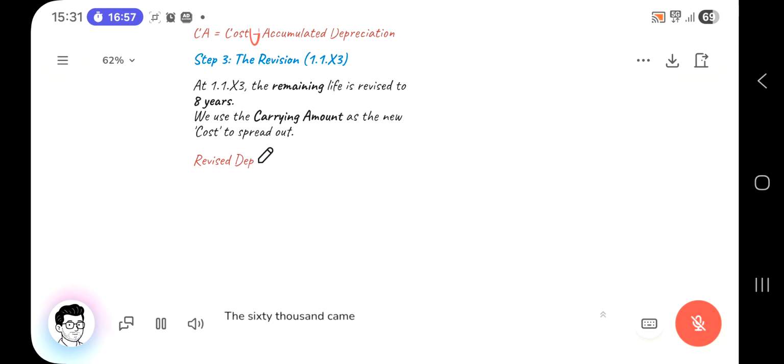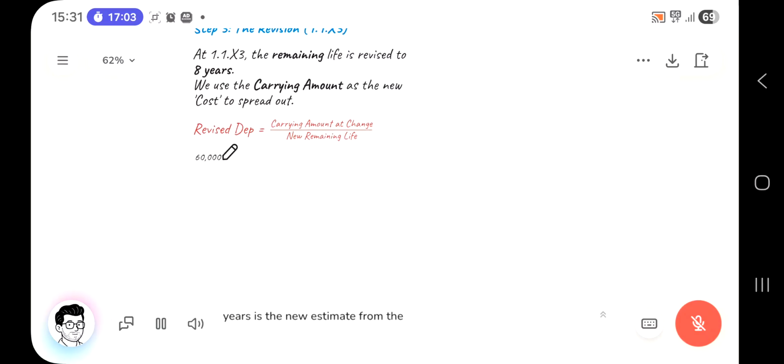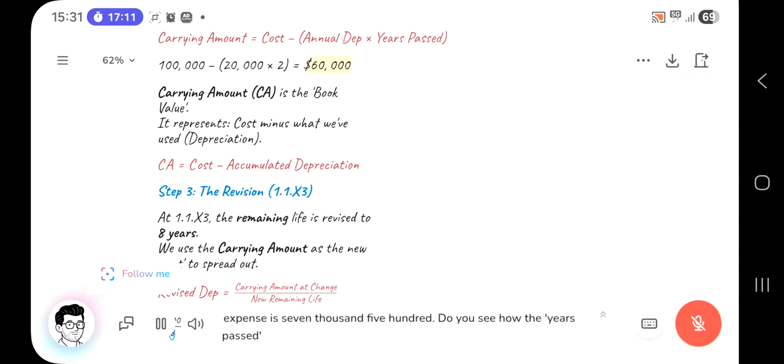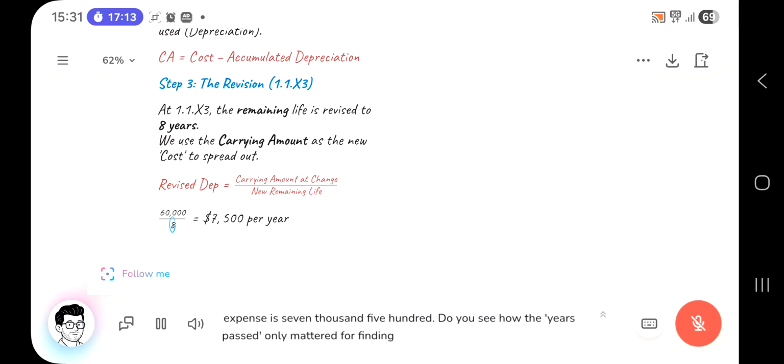The $60,000 came from our step 2 calculation, and the 8 years is the new estimate from the problem. So for the year X3, the expense is $7,500. Do you see how the years past only mattered for finding that $60,000 starting point?